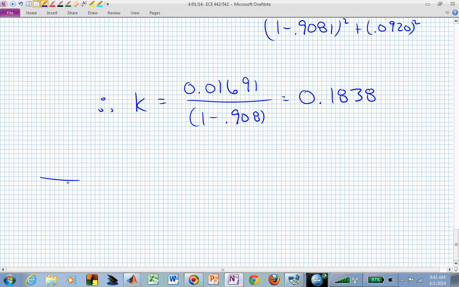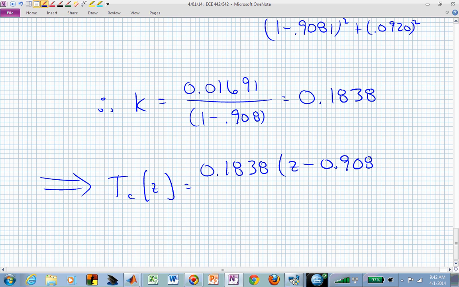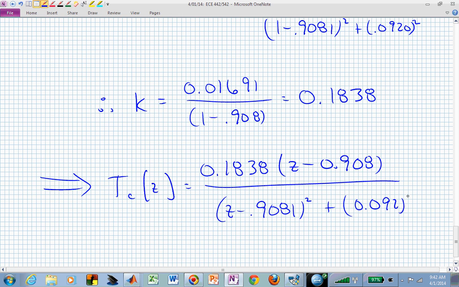And now I have my desired transfer function, T sub c of z, is the k, which is the 0.1838, z minus 0.908, and the denominator written in rectangular form to explicitly indicate where those two complex poles are located.